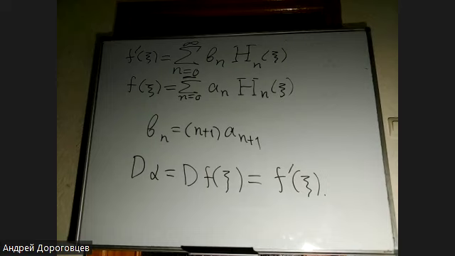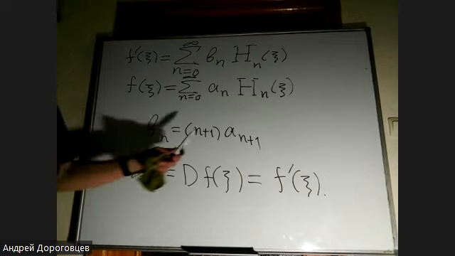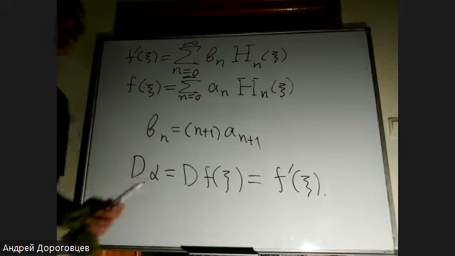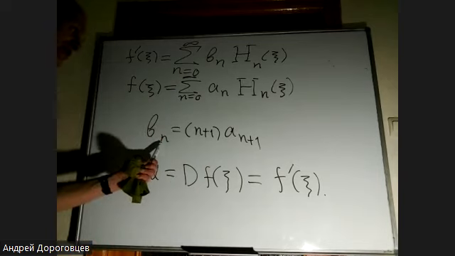Here we have not cosine and sine, we have just Hermite polynomials, but we do exactly the same. We just make the multiplication and change by minus 1 the degree of the polynomial.